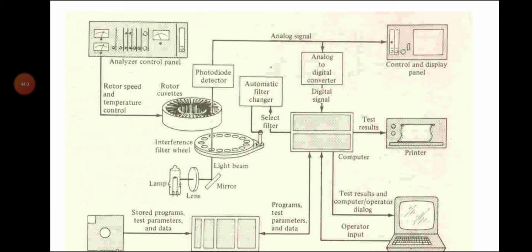If you want to convert it into a digital signal, we can use A to D conversion, analog to digital signal conversion. This digital signal is fed directly to the computer.